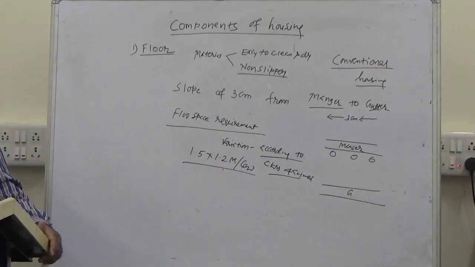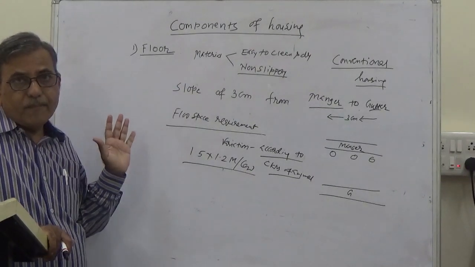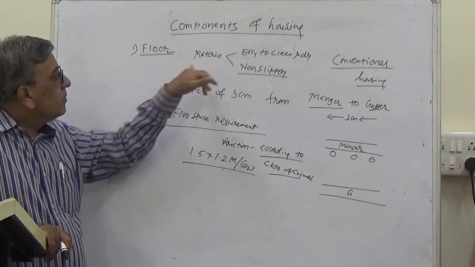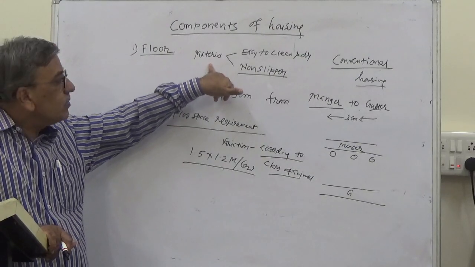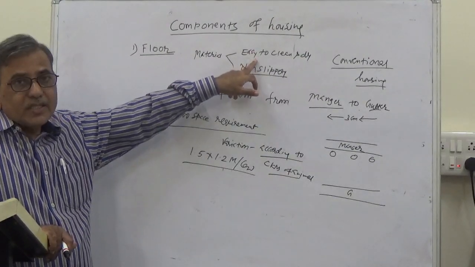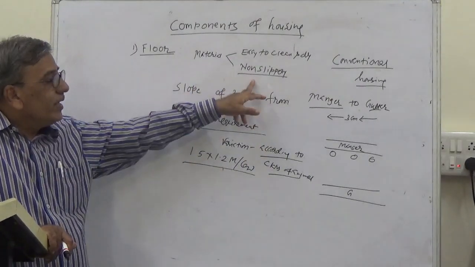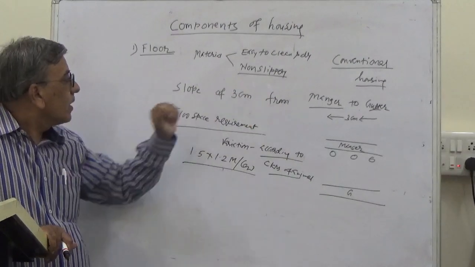Alright. So this is all about the first component of a dairy house. Floor, the material which is to be used for constructing the floor of dairy house, should be such that it should be easily cleaned and dried off. It should be non-slippery to avoid injuries to animals.